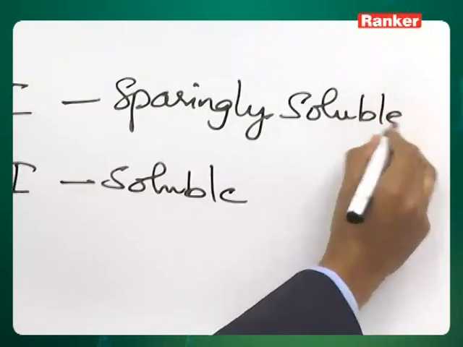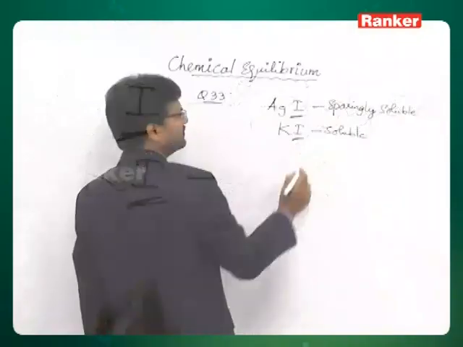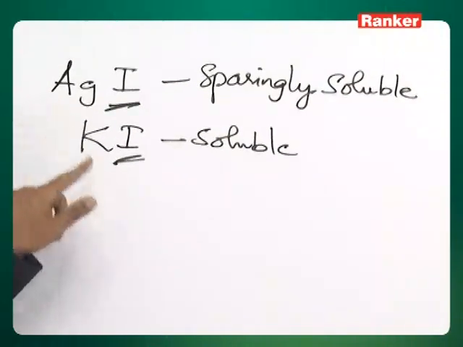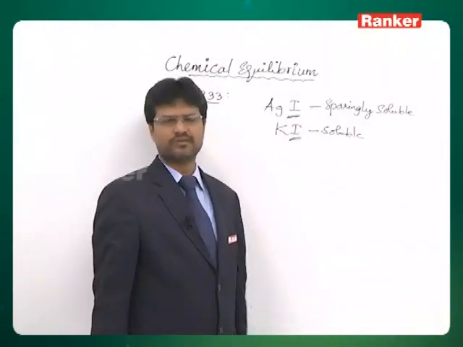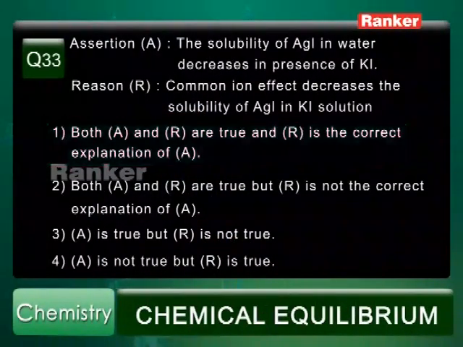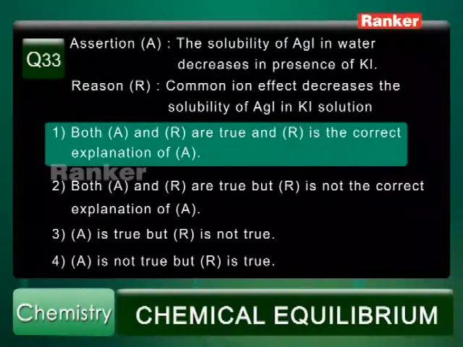And they have a common ion. The common ion is iodide. So dissolution of silver iodide in potassium iodide will be less due to common ion effect. So the correct answer is first option. Both A and R are true, and R is the correct explanation of A.